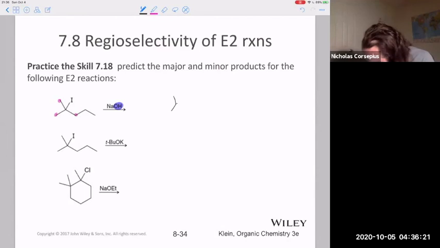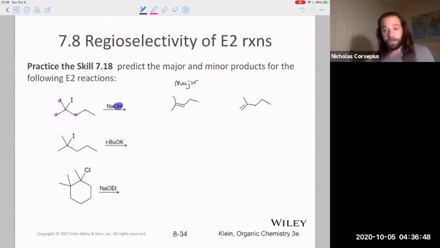So in this case, we would expect something like this. We can have a minor amount of the non-Zaitsev product, but this would be our major. All right, and again, just because it's more substituted.